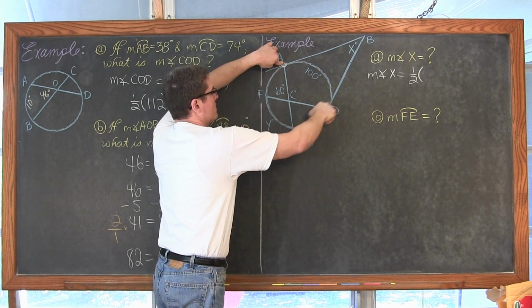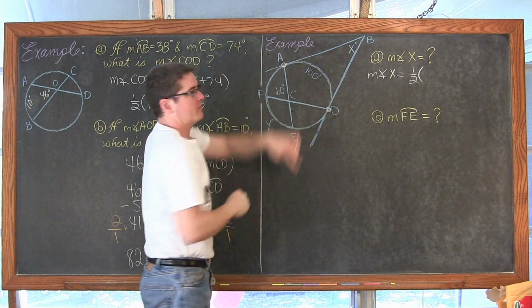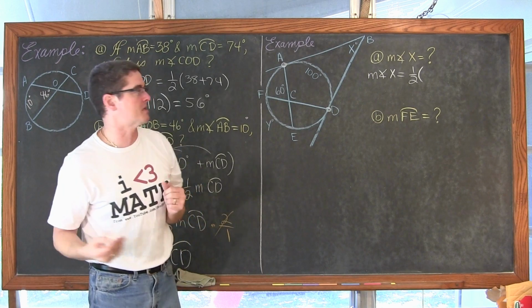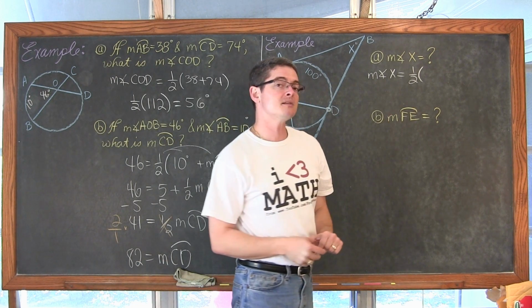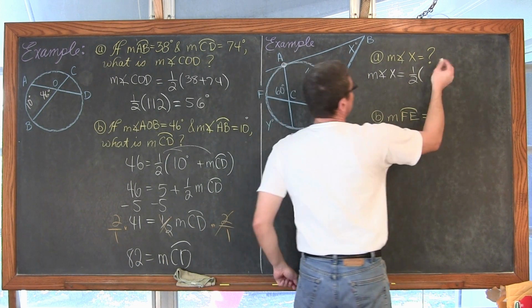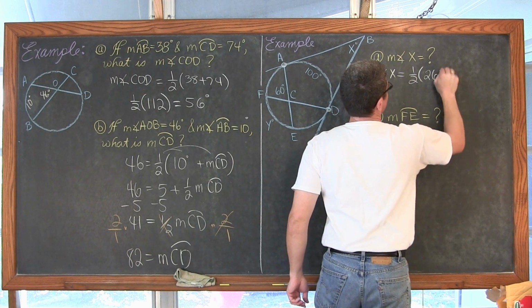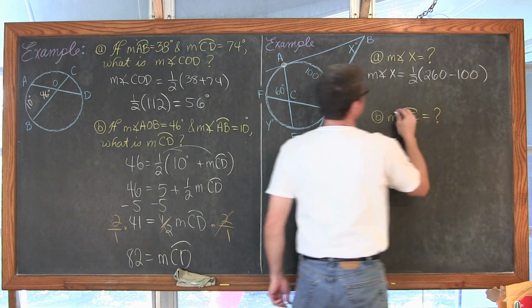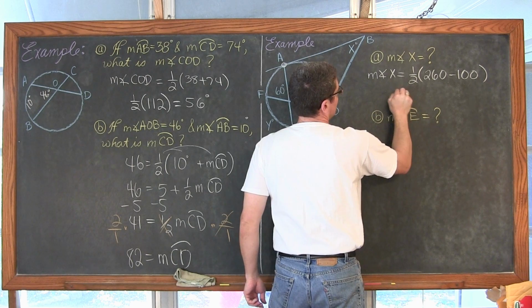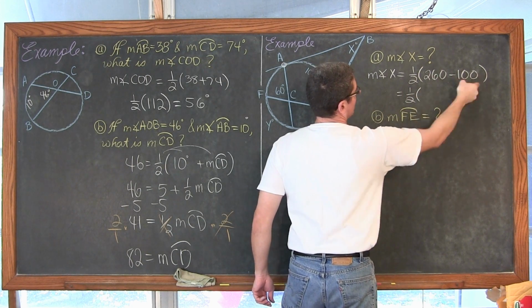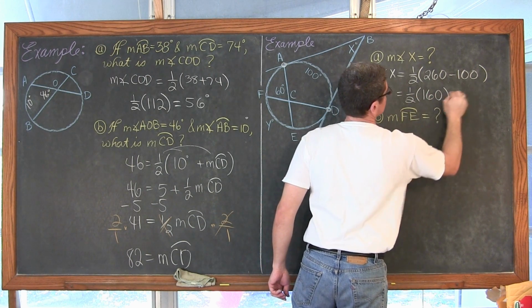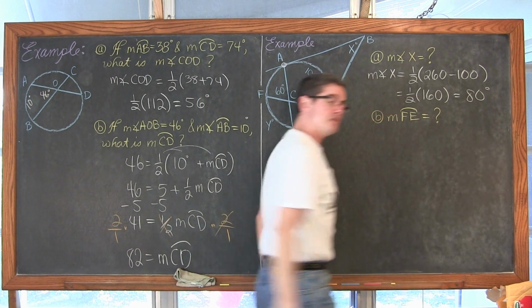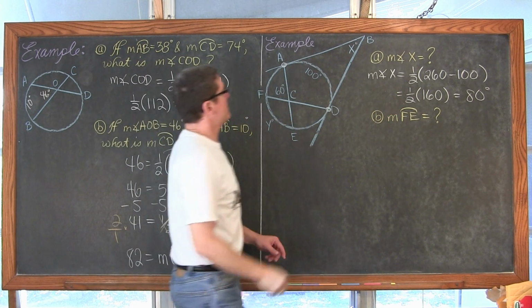I have another arc that has to add up with 100 to make 360, and of course that's 260. So we have the measure of angle X is equal to 1/2 of 260 minus 100. That's going to be equal to 1/2 of 160, which is equal to 80 degrees. So the measure of angle X is equal to 80.